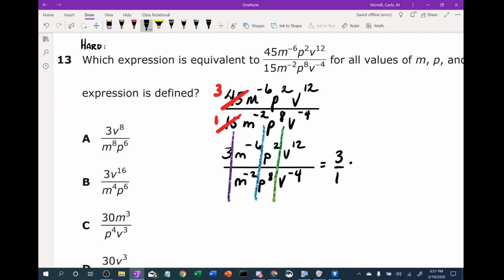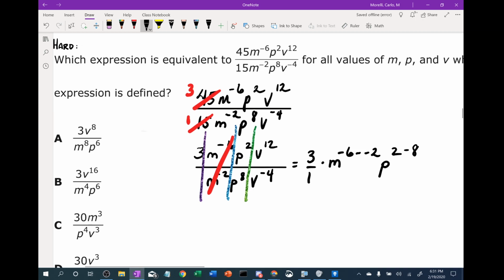Now look, we're going to apply the quotient rule, so it's going to be m to the negative 6th minus negative 2. Okay, that takes care of these guys right here. And now we've got p to the 2 minus 8.